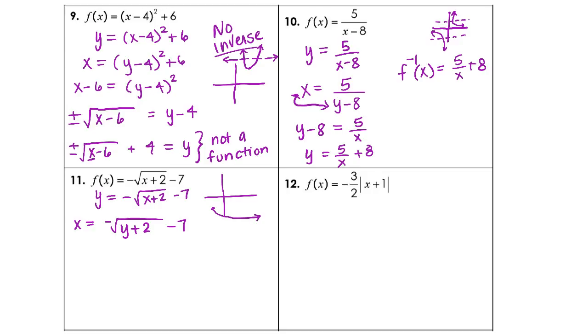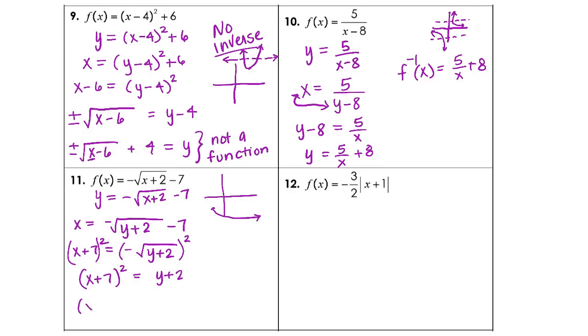Now we need to solve for y, so I'm going to add 7 over. And let's see, that negative, really, when we square both sides, that negative's not going to make a big difference. So we can square that. Now, if it had been any other number, go ahead and move it. But with the negative, it doesn't matter. We're going to square that, and we're going to leave it just like it is. x plus 7 all squared equals y plus 2.